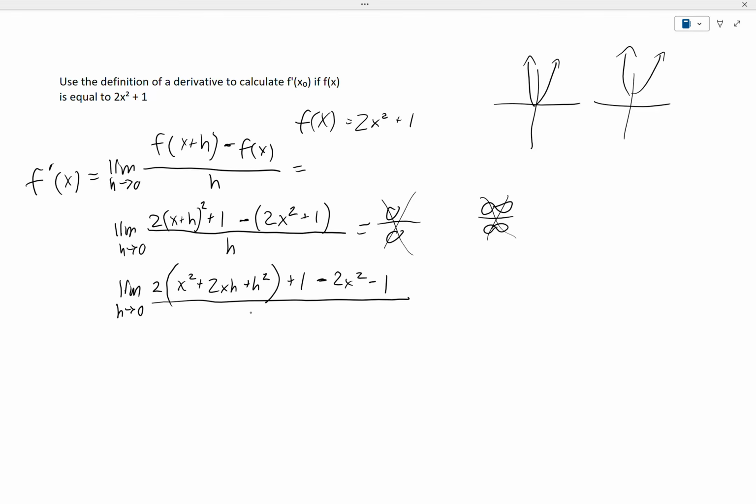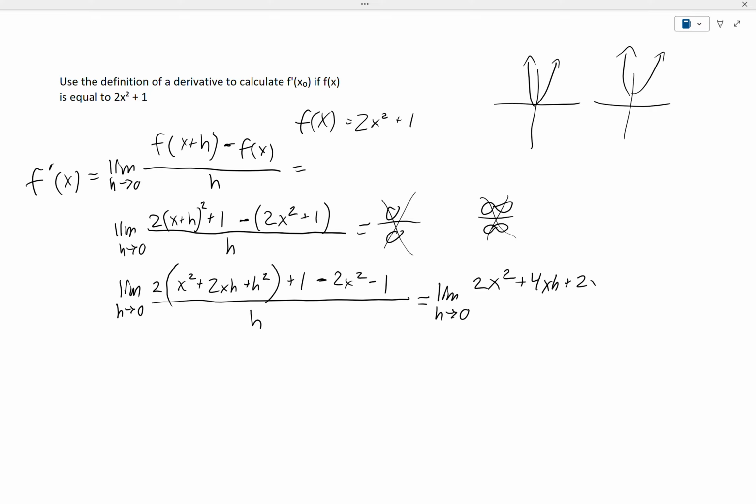That's all over h. Okay, so I'll write that again, except this time, how about we cancel that positive 1 and the negative 1? And how about we also distribute the 2 for all of those terms at the beginning here? I'm rewriting limit for each step, because that's what you're supposed to do mathematically. We're still taking a limit. That hasn't changed.